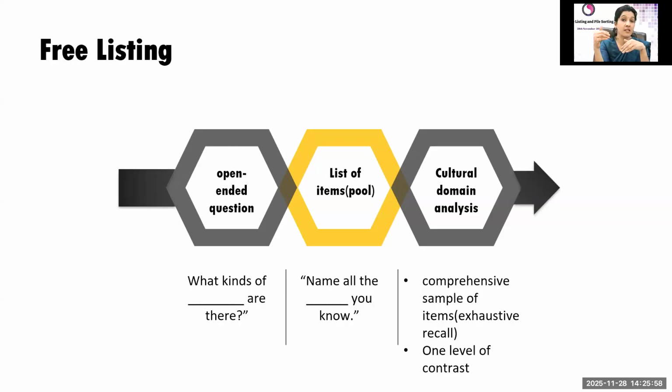And that is based on exhaustive recall. What do I mean by exhaustive recall? You will see that the number of items in each free list will be different. In our case, there might be one participant who has given only 3 or 4 barriers, and another who has given 8 or 9.